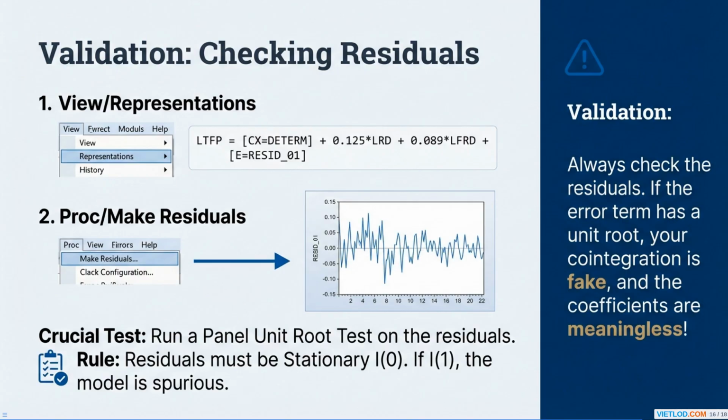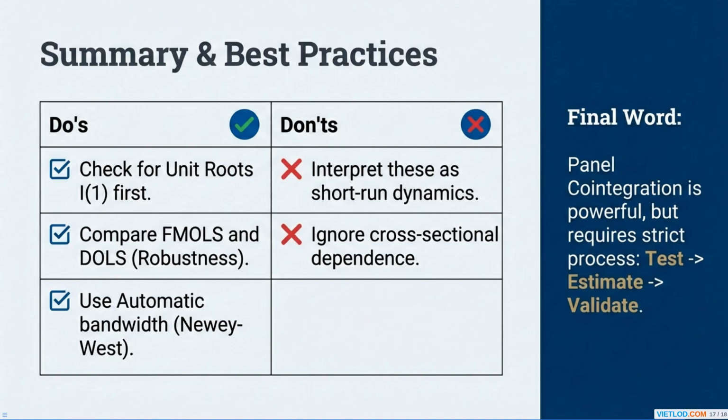You then must perform a panel unit root test on this newly created residual series. If the panel unit root test shows that the residuals are stationary, I(0), your model is valid. If the test indicates the residuals have a unit root, I(1), then your finding of cointegration was fake, the model is spurious, and the coefficients are meaningless.